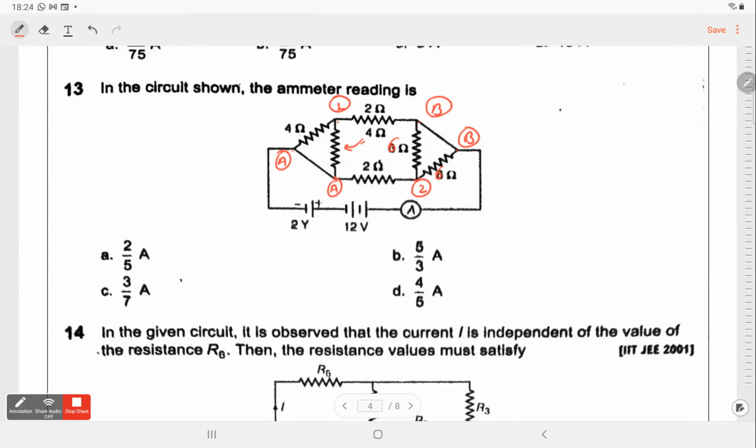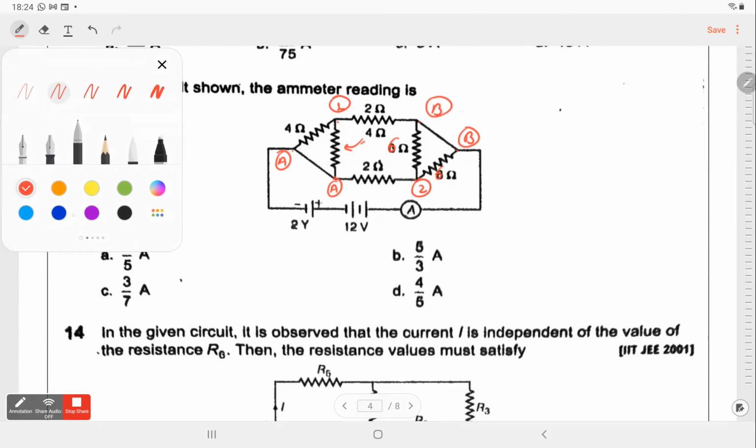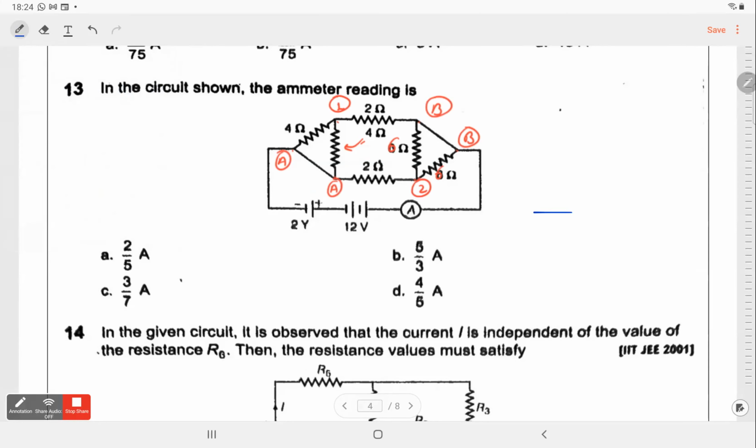First we'll find out which points are at same potential, then we find out where the battery is connected, so A, B, 1 and 2. Battery is connected between A and B, so we always take those 2 points at the end where the battery is connected.